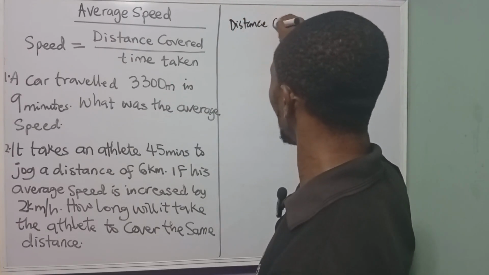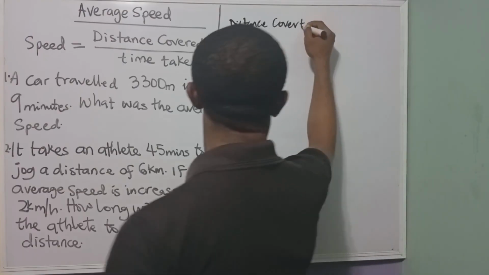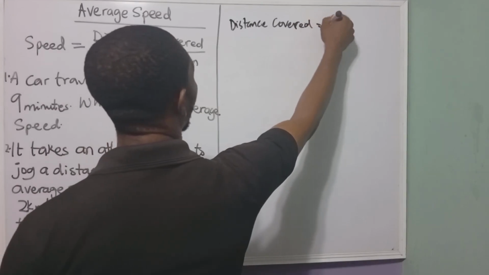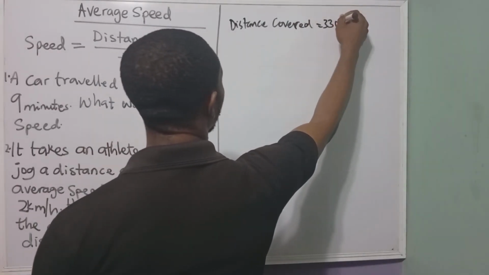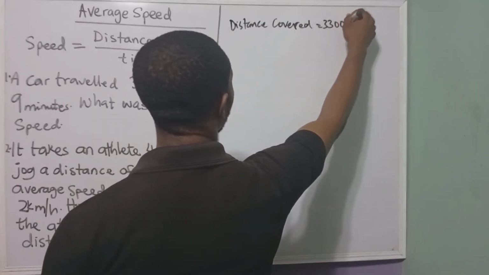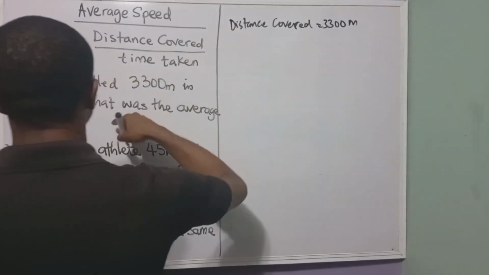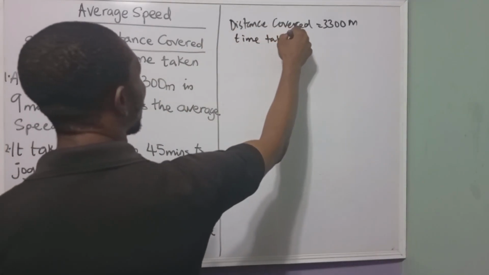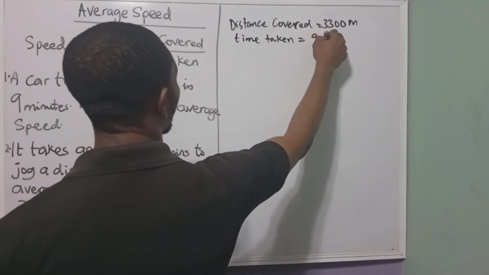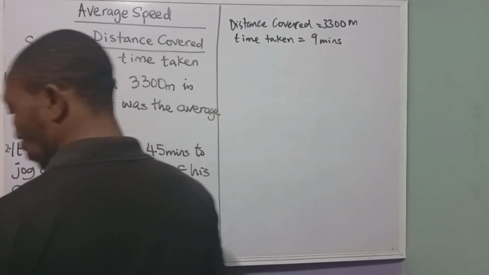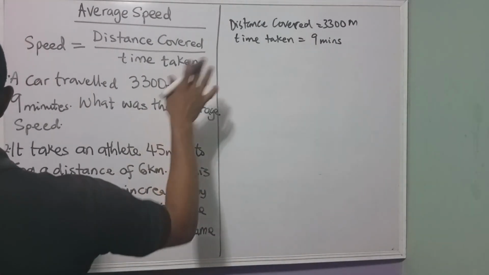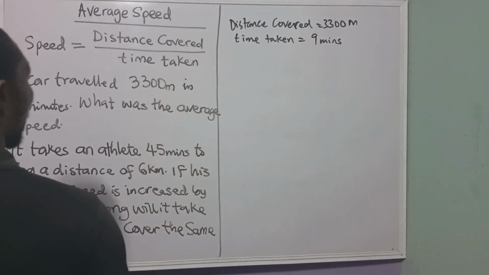Distance covered is 3,300 meters, and our time taken is 9 minutes. Now, for us to calculate this, we can simply apply a formula.